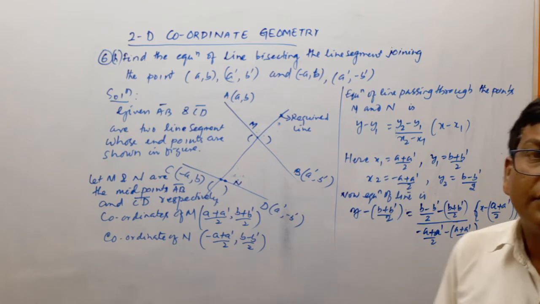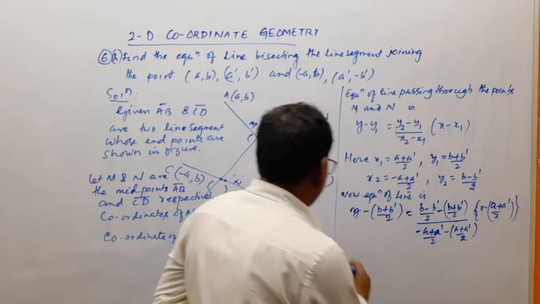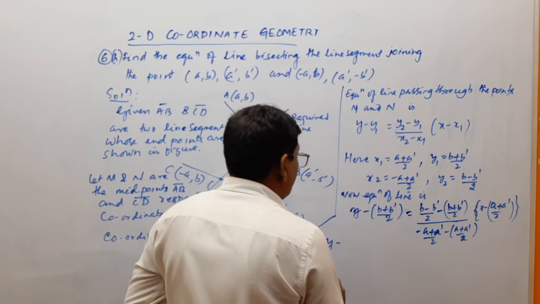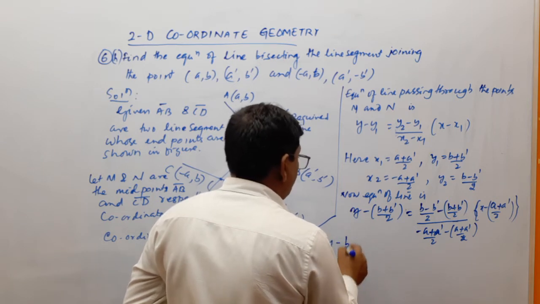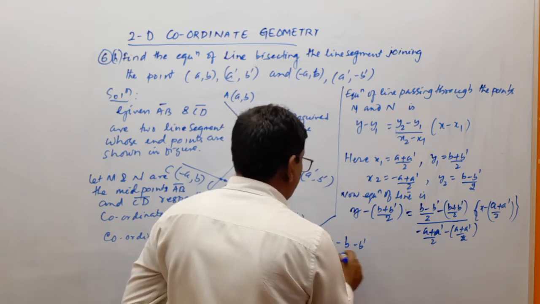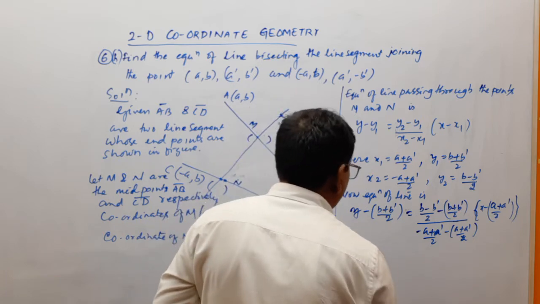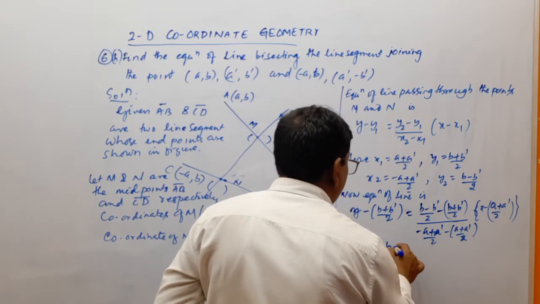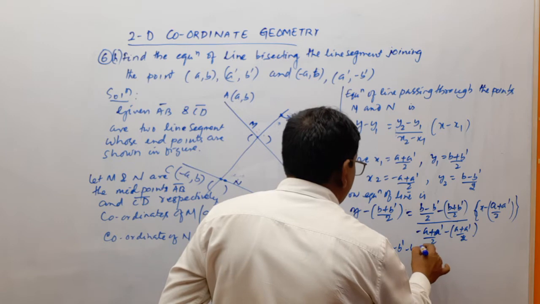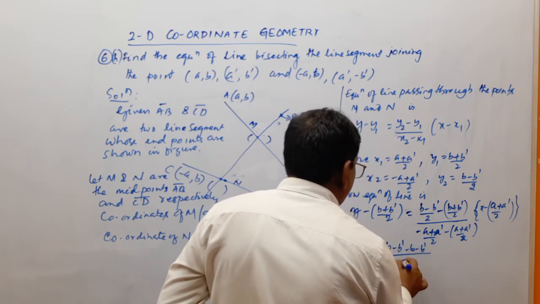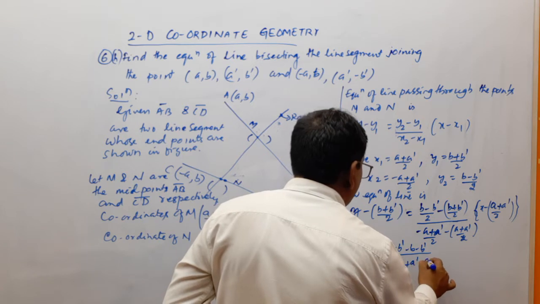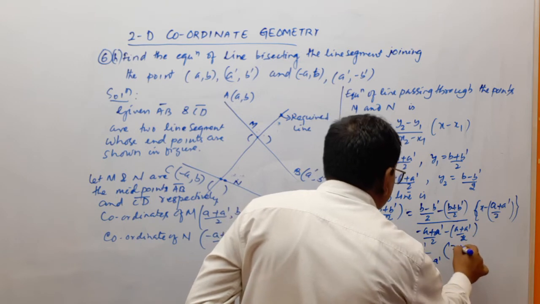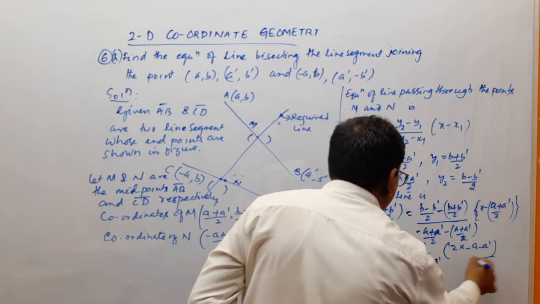Now simplify this. That is y minus, here 2y minus b minus b dash by 2 is equal to, LCM 2 cancels here. So b minus b dash minus b dash divided by a plus a dash minus a dash, into LCM 2, 2x minus a dash divided by 2.